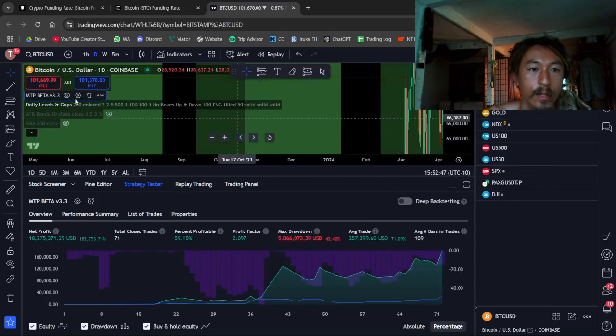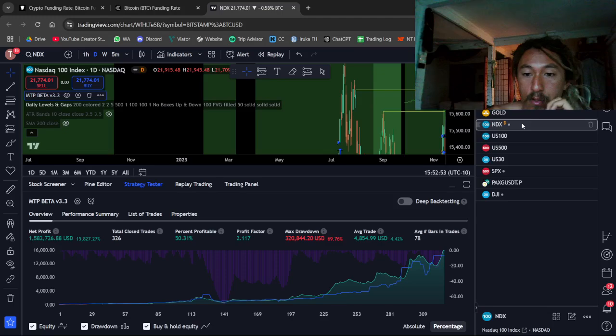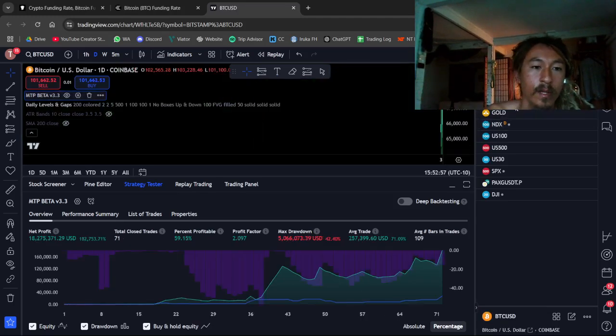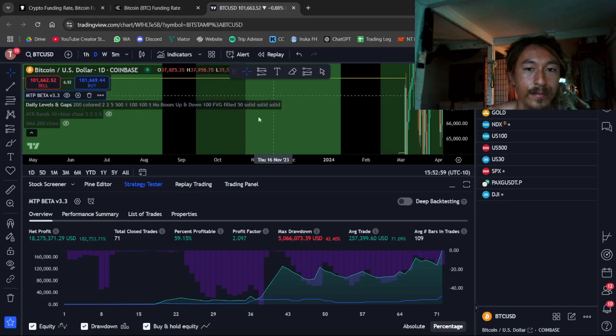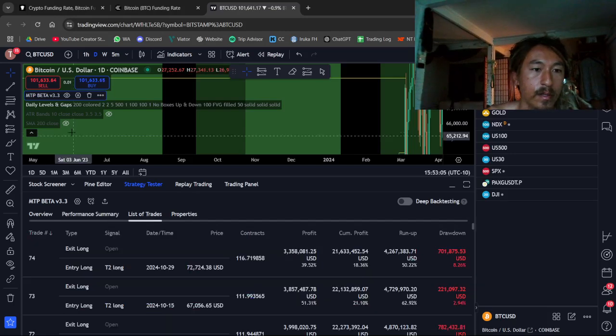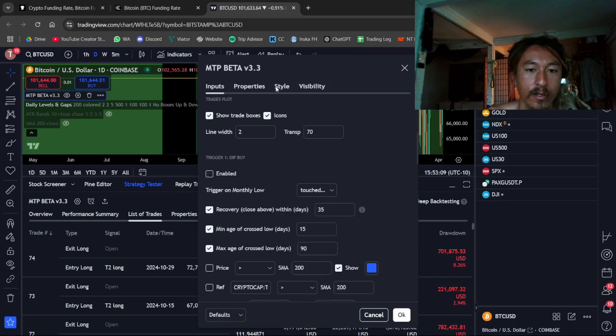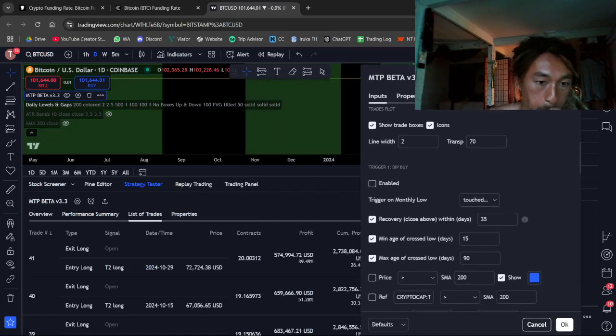Let's look back at Bitcoin. 15 gets it done. I like 15. Okay, so now let's look back at Bitcoin. So it's allowing 15 days to claim the high. Let's isolate just the breakout buys.